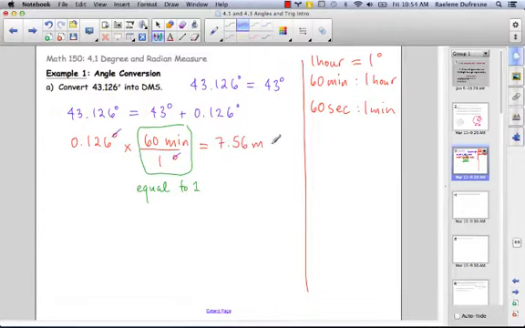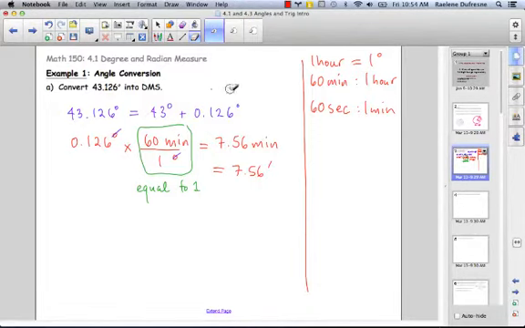Now the unit that we will use for minutes is a single dash. And I'm going to erase this because it's in the way now. So far we have that 43.126 degrees is equal to 43 degrees and 7 minutes.